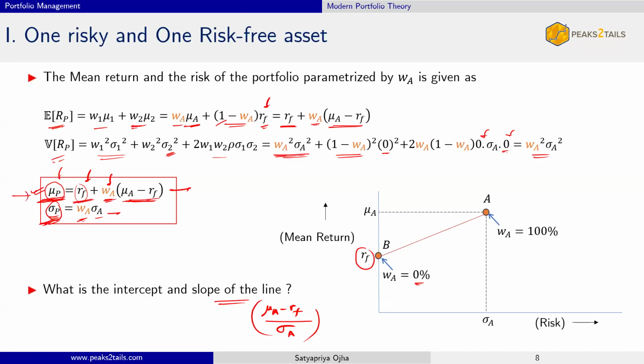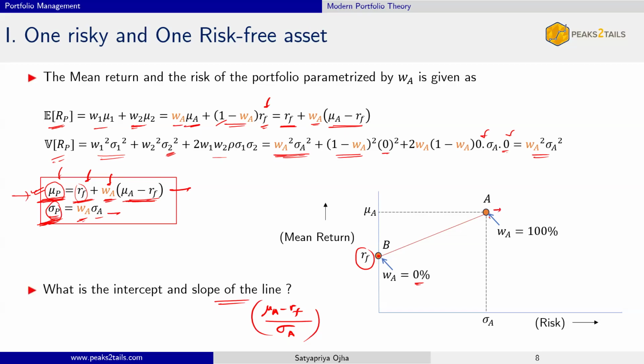The mean return would be RF because you only have the risk-free asset. There is nothing else. And sigma P would be 0. So that corresponds to this point. The left extreme point on the line corresponds to a portfolio which is 0% invested in the risky asset and 100% invested in the risk-free asset.